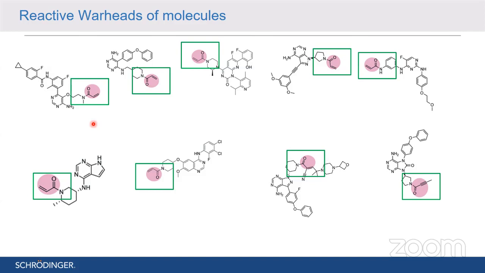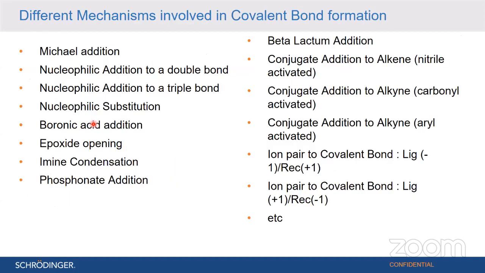If these reactive warheads are available, then only your docking will occur. And we need to clearly understand the mechanism by which this bond forms naturally. Computationally I will be able to do any adjustment, but if it doesn't happen in the wet lab according to the literature, it's not going to help.